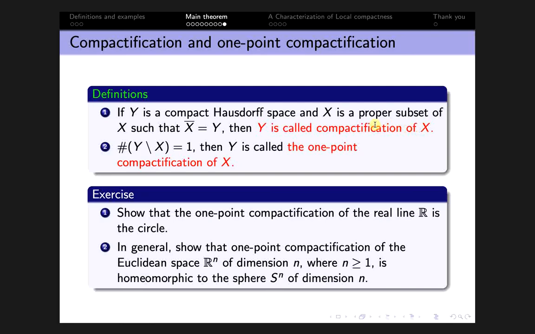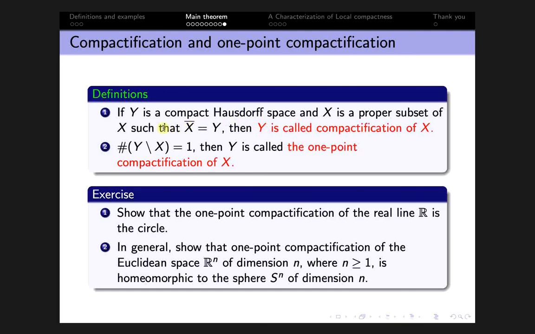So the closed interval [0,1] is a compactification of the open interval (0,1).